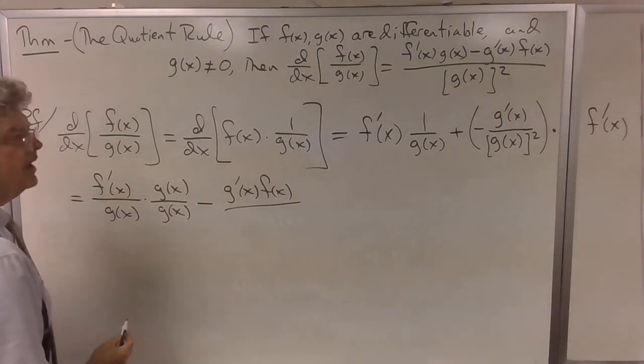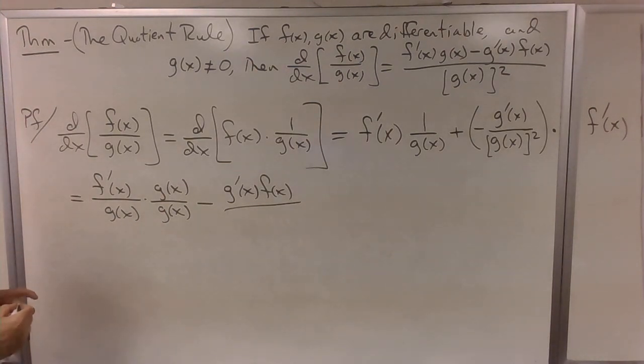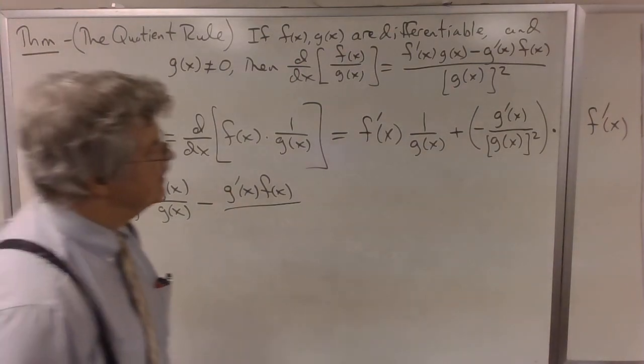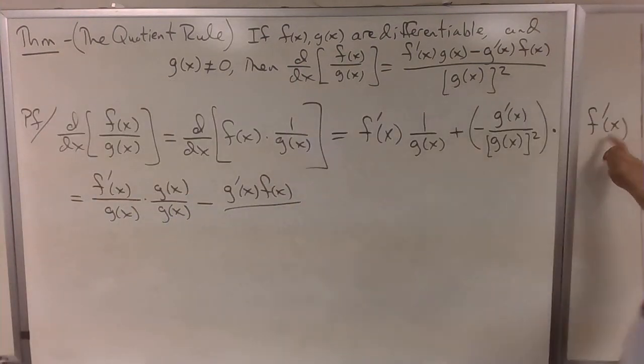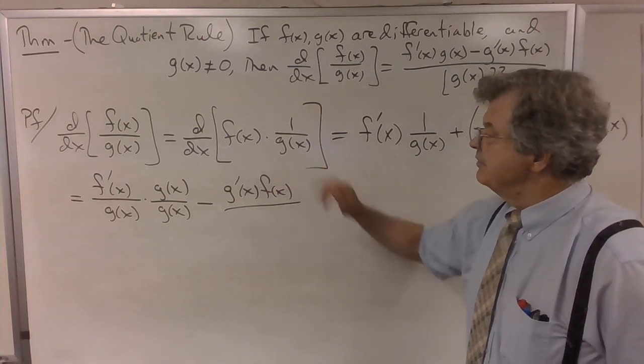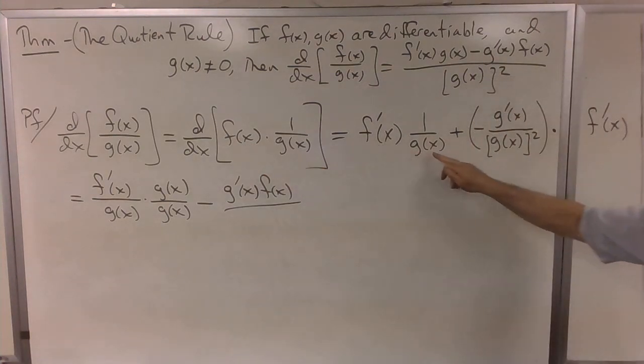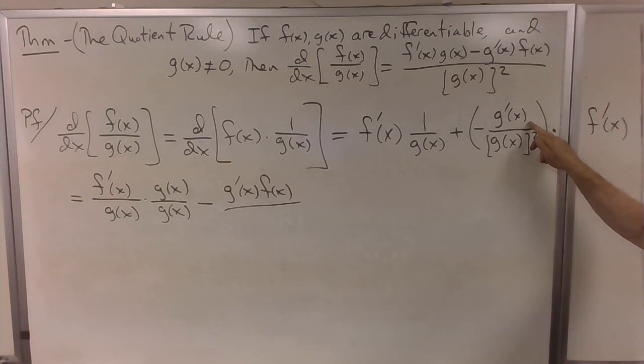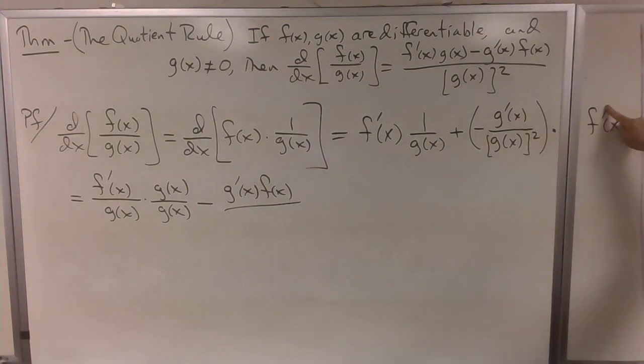Whoops, did I do something stupid again? Do you see where the problem is? Here's first, here's second. We have first prime times second plus second prime times first. This should just be f of x. Please forgive me.